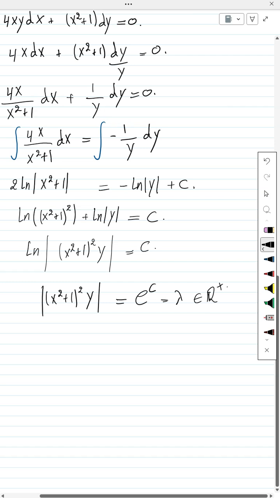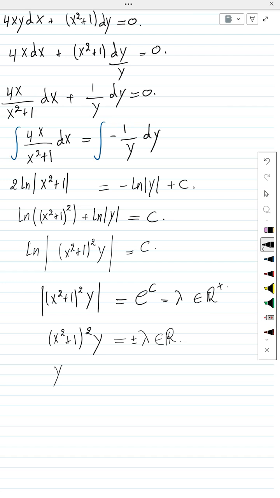So we will get (x squared plus 1) all squared times y is equal to lambda. This means that y is equal to plus or minus lambda over (x squared plus 1) squared, and this lambda belongs to R, since plus lambda belongs to R plus and minus lambda belongs to R minus.